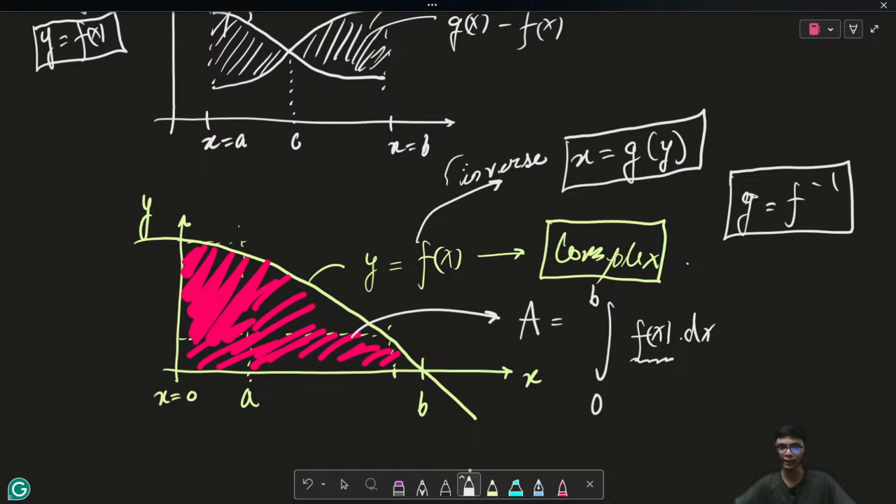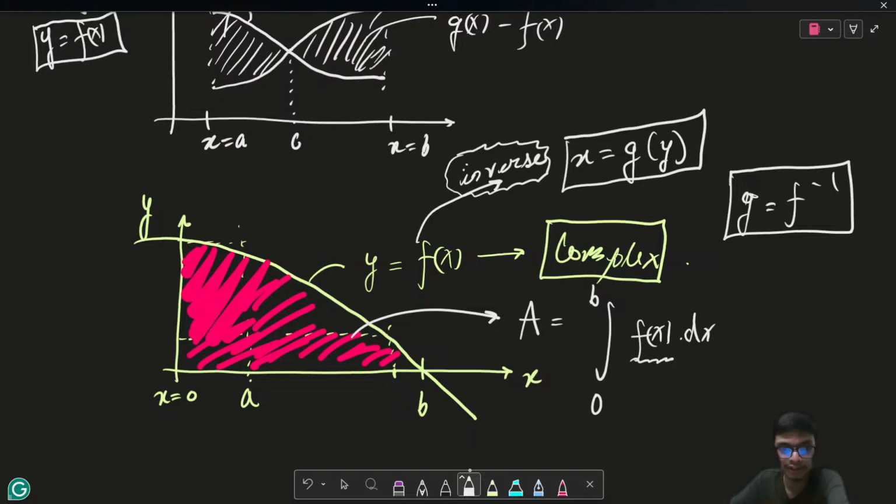So when I find the inverse of f of x, it becomes g of y, and g of y is a simpler form. Okay, and g of y becomes very simple to integrate, right? So when I have y equal to f of x, it is difficult to integrate, but when I take the inverse of it, it is easier to integrate.